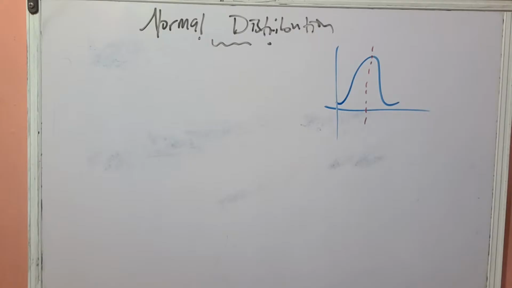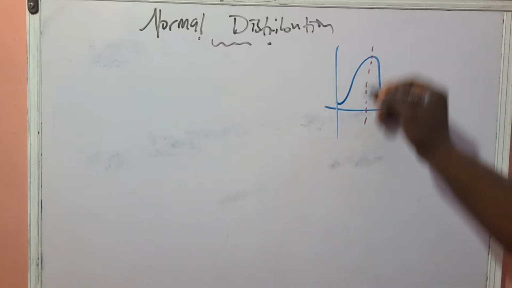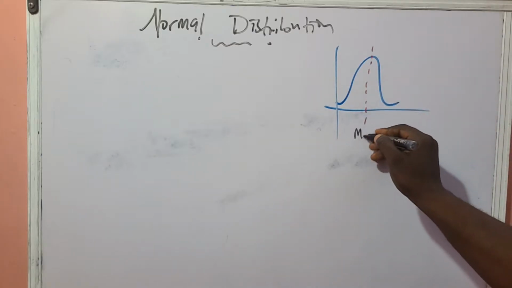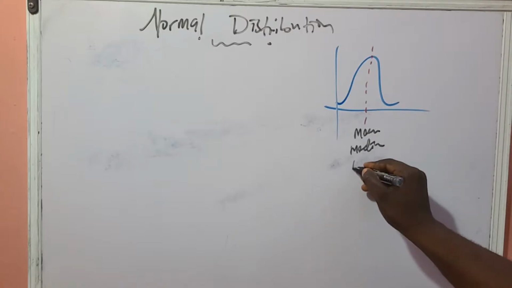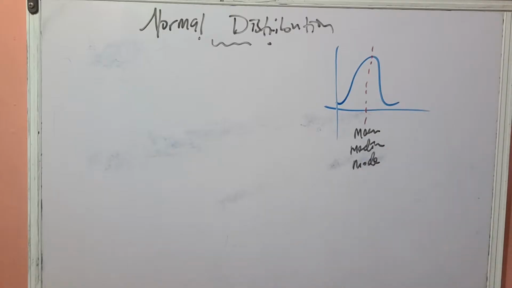I told you that one of the properties of a symmetric distribution is that the midpoint will represent the mean, the median, and the mode. So one of the things you need to know about a symmetric curve is that the mean, median, and mode are all equal. All right.